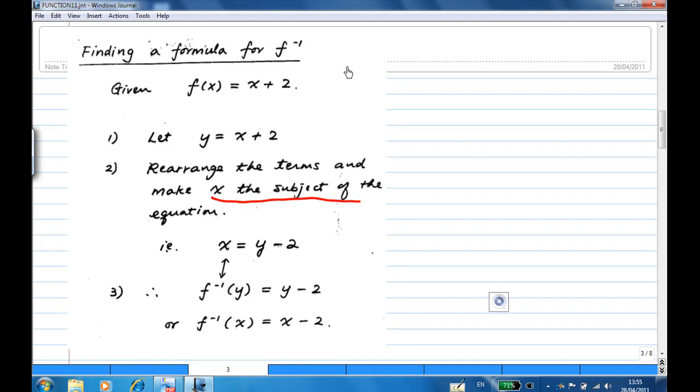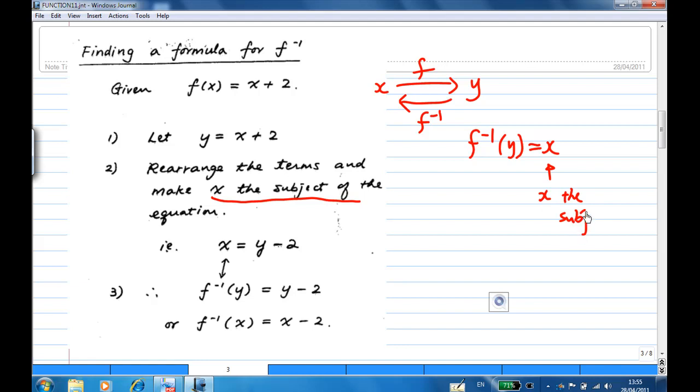This is because f will send x to y. Then f inverse will send y to x. So all you need to do is make x the subject. Then you can get a formula for x, and then you can get a formula for f inverse.